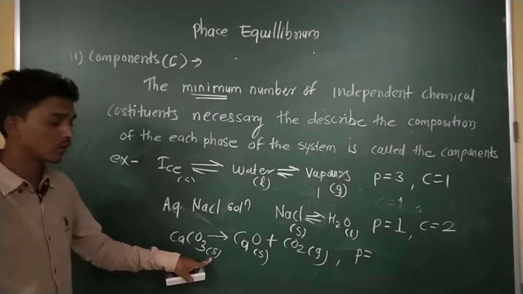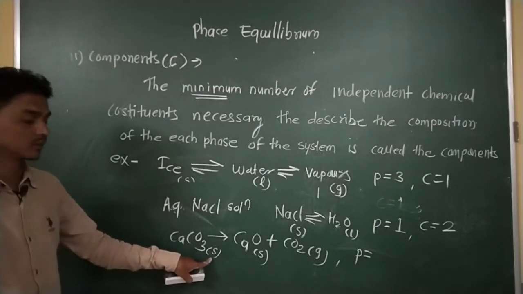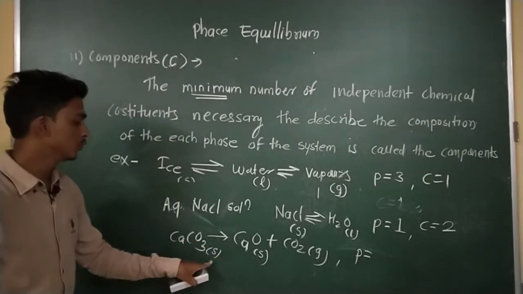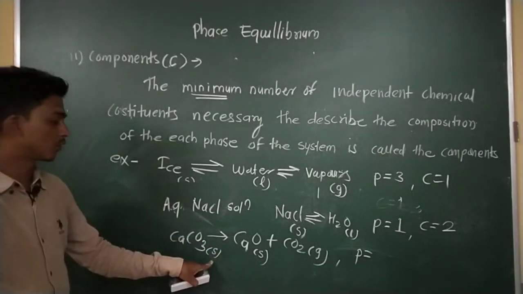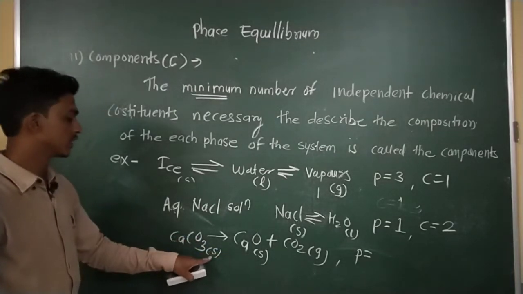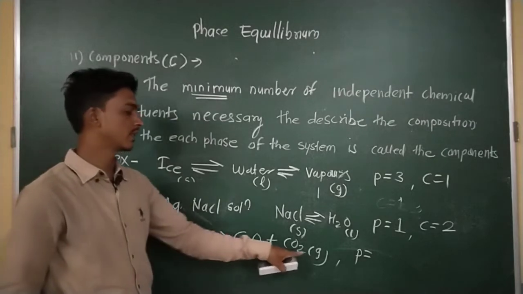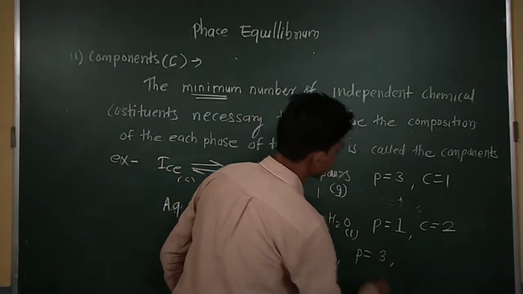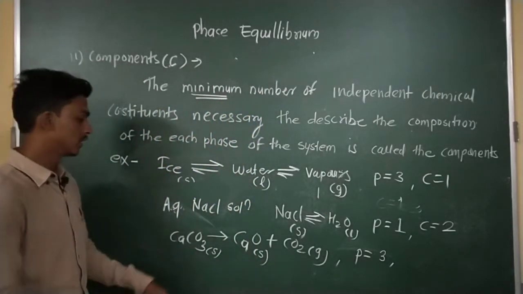Every solid crystal has a single phase. So here are two solid compounds, two solid chemical components, so we can say first, second, and the gas is third. So how many phases? 3.